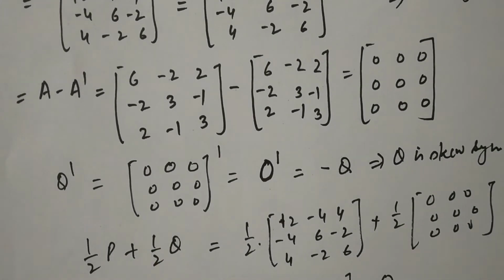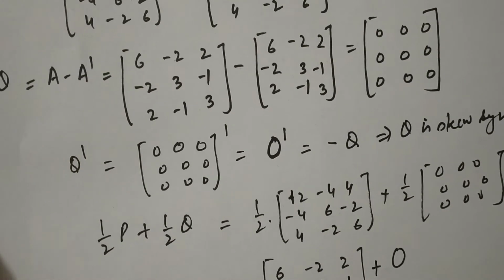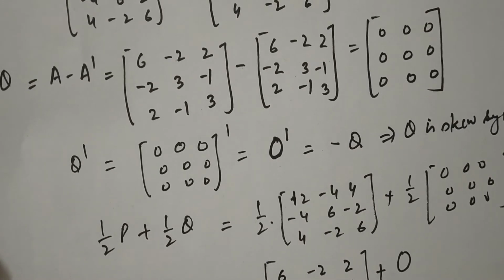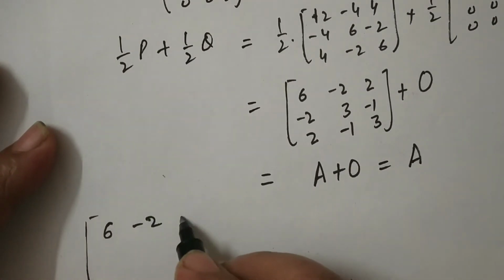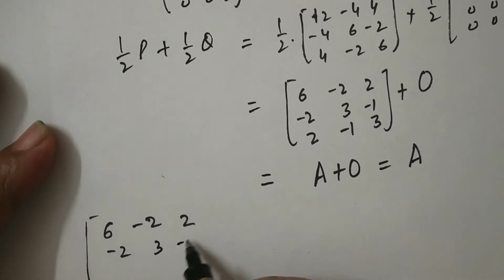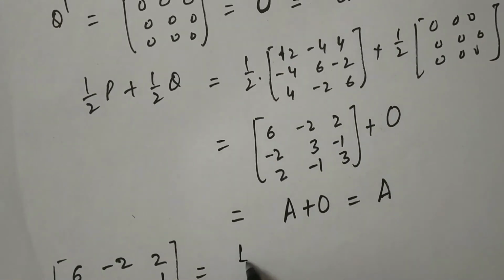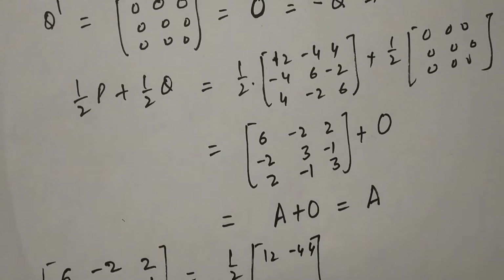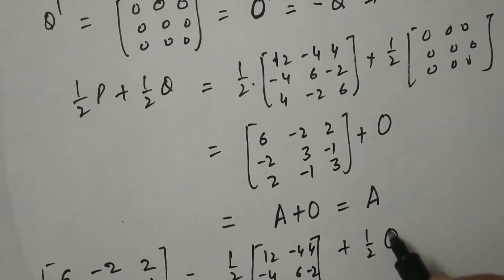This way I can express that any matrix can be written as the sum of a symmetric and a skew symmetric matrix. In the last example, matrix A was [6 -2 2; -2 3 -1; 2 -1 3], which is equal to half of P, that is [12 -4 4; -4 6 -2; 4 -2 6], plus half of the Q matrix.